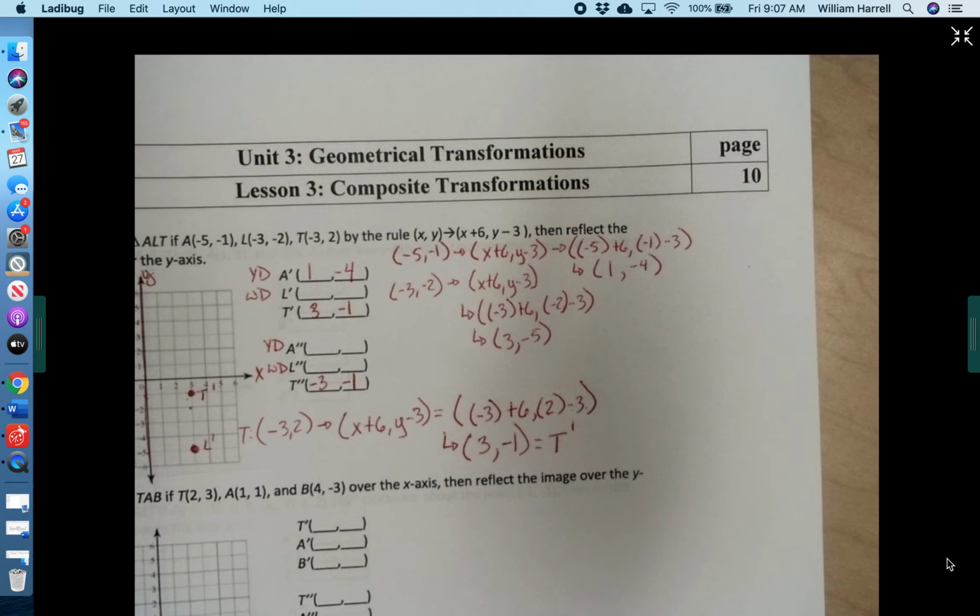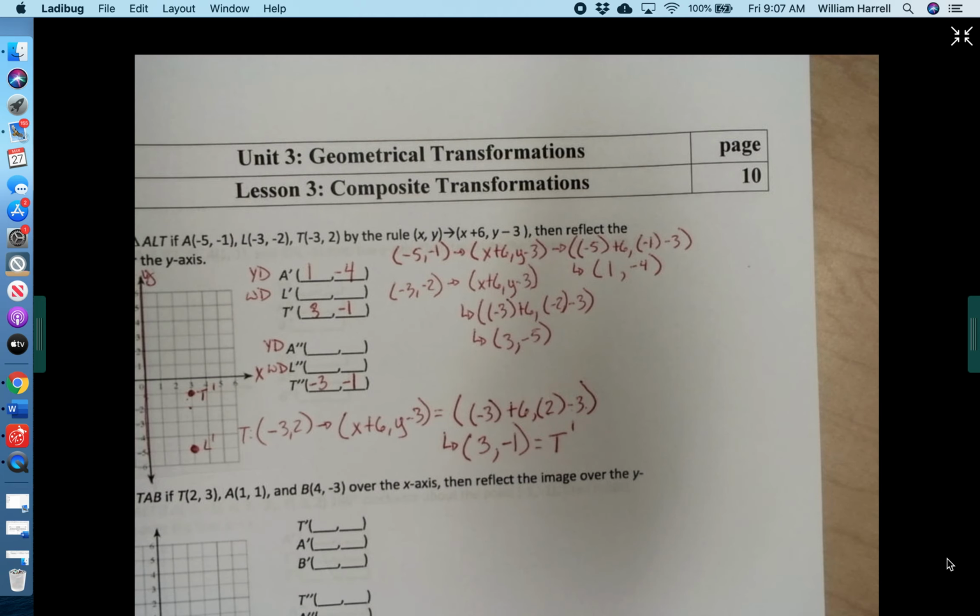After I got (1, -4), that was probably an answer choice. Don't choose it, okay? Test makers are going to know that students are not going to perform the entire composite transformation. They're so used to seeing, oh, just do one transformation and go find your answer.